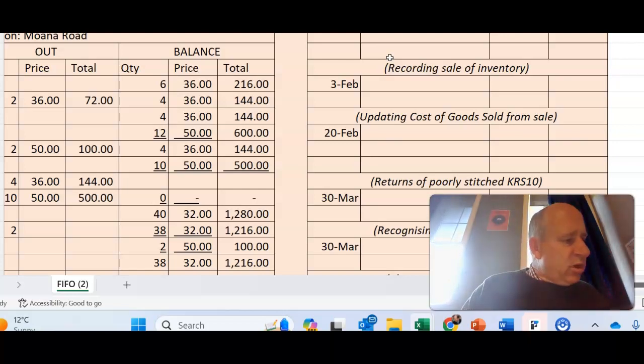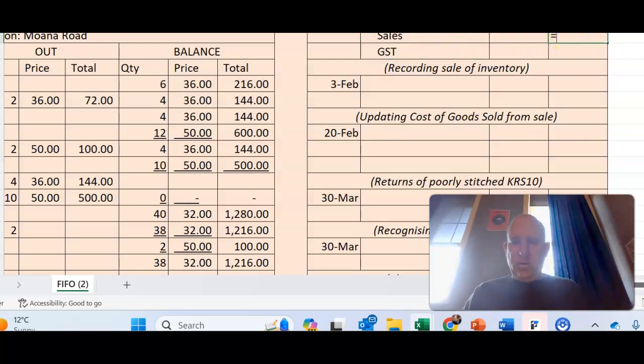On the 3rd we sold them for $98.90, so it's going to be equals $98.90 times 2, and that'll go to sales and GST. The sales is the figure divided by 1.15, and the GST will be the difference.